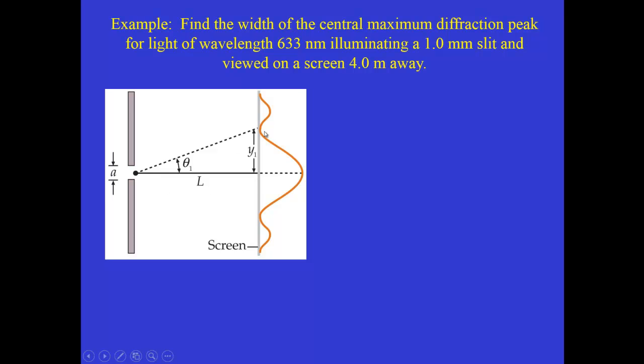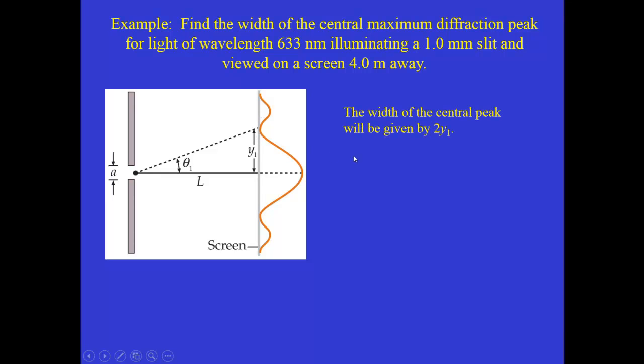And what we want to do, in order to find the width of the central maximum peak, we would like to find the distance on the screen between the first minimum on the top of the pattern and the first intensity minimum on the bottom of the pattern. So if we can find this distance y1 using some geometry, then double it, that will give us the width of that central bright region.